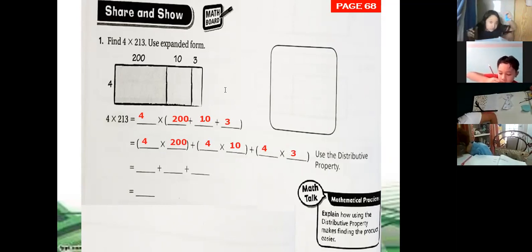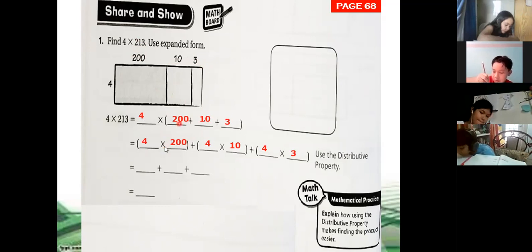And then we start to multiply. Remember, we're using the expanded form of 213, that is 200 plus 10 plus 3. We use the distributive property, which means that we multiply this number 4 by each of these factors.